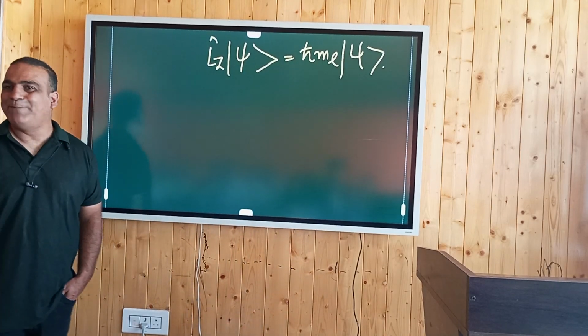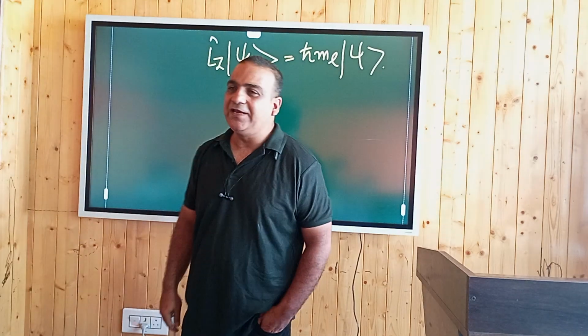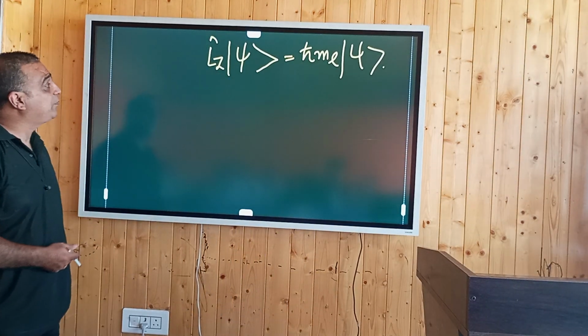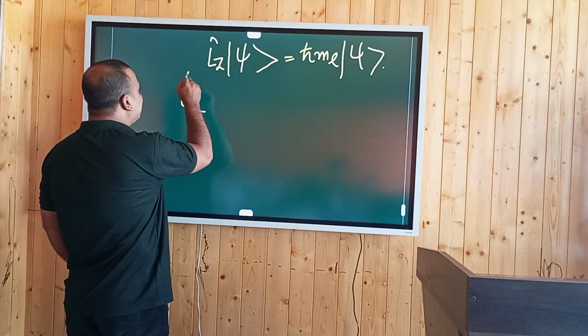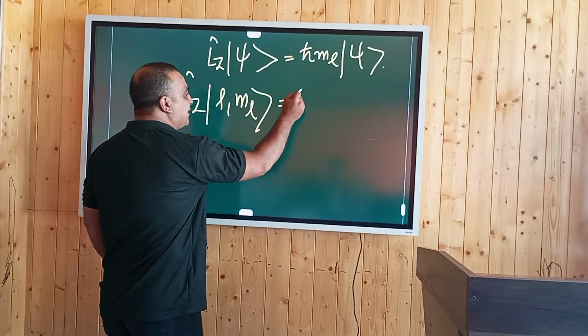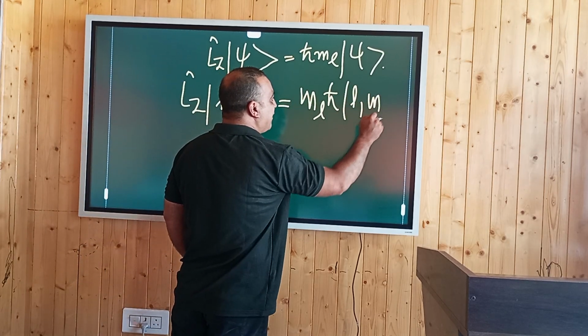This is the basic argument that will play a very important role in calculating the lifting of the degeneracy in our problem. So I have the state L, ML. It will lead us to ML, H cross, L, ML. Am I right?